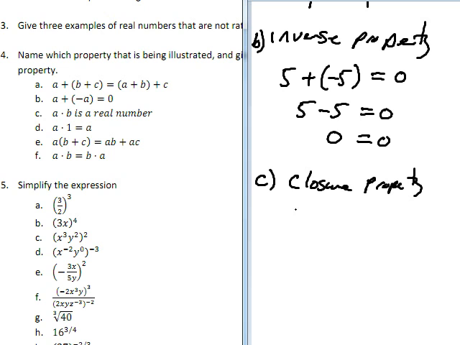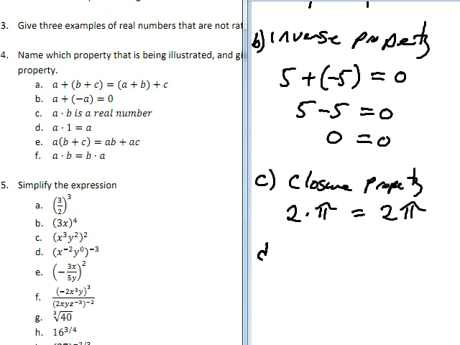So I'm going to pick 2, which is an integer, which is also a real number, and I'm going to multiply it by pi, and I'm going to end up with 2 pi, and in this particular case, they're both real numbers. This is one of the ways we find the size of circles and things like that.